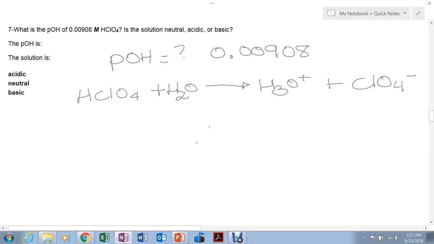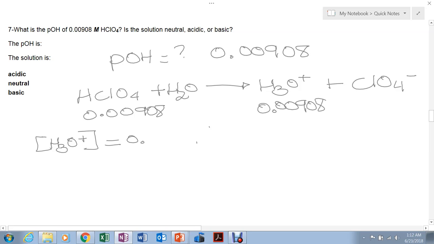You got 0.00908. That's the concentration of the acid. And hydronium would be the same because it's a strong acid. So the concentration of H3O plus would be equal to 0.00908 molar.